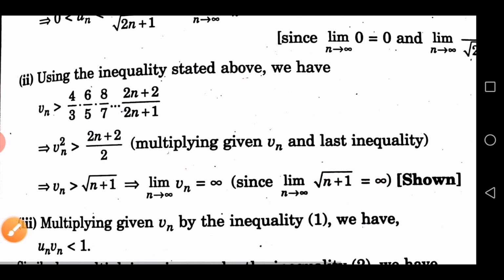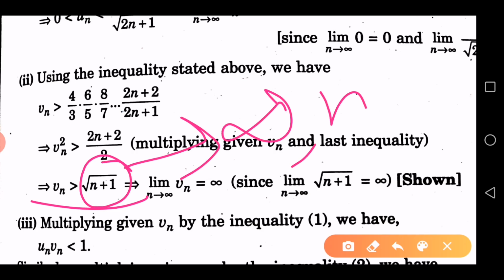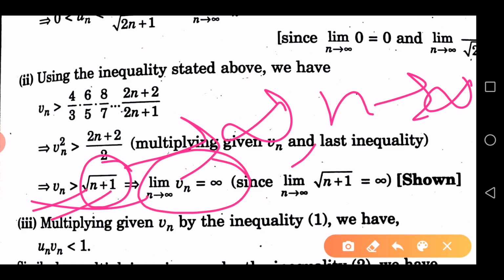Now taking square root, similarly we get Vn is greater than root over of n plus 1. As root over of n plus 1 approaches infinity as n tends to infinity, we have limit of Vn is infinity. This is our second part to be proved.